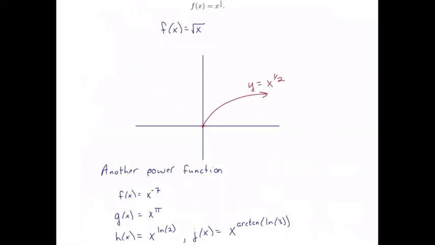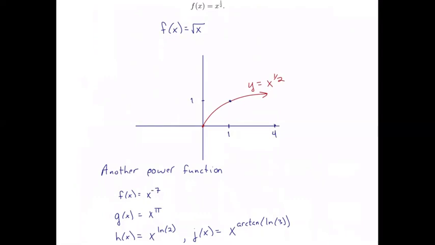So perhaps I did this. This is 1 on the x-axis, and the square root of 1, or x to the 1/2 power, is also 1. And then I might come out here eventually and find 4 on the x-axis. And maybe this isn't drawn very well, but somewhere around here we find that this was a 2.